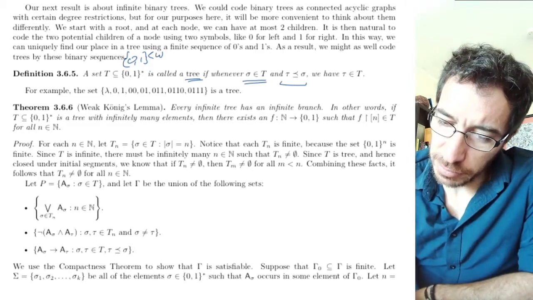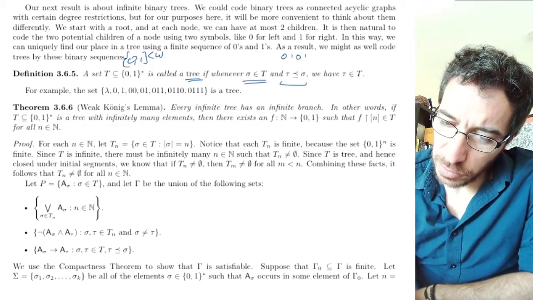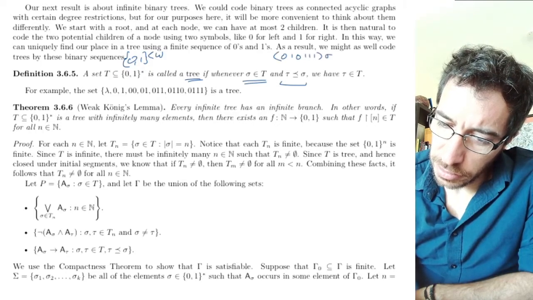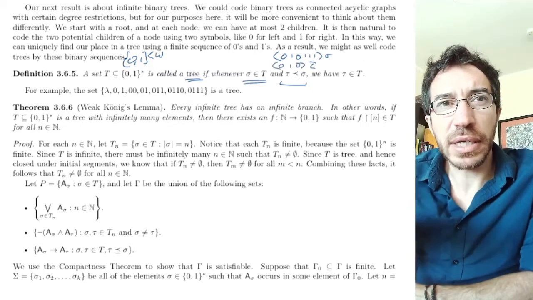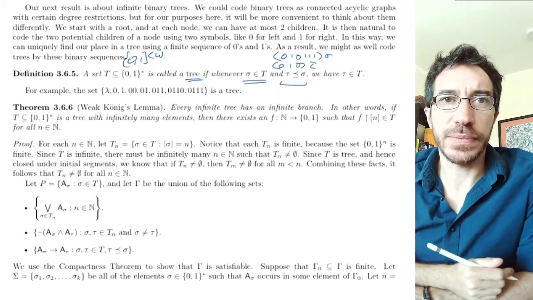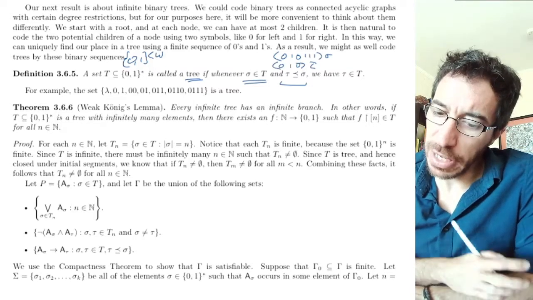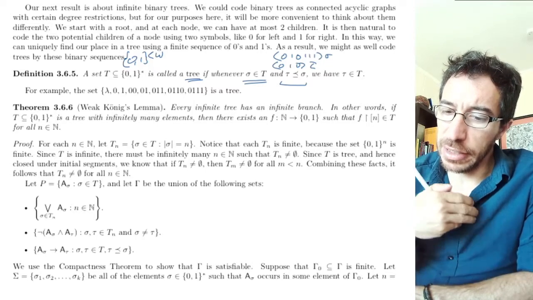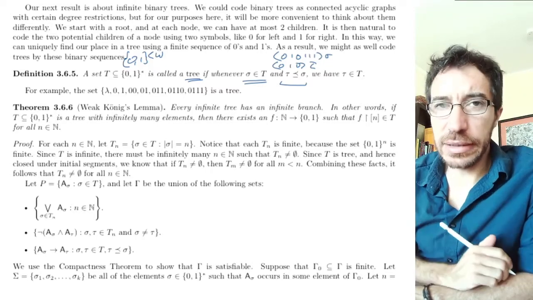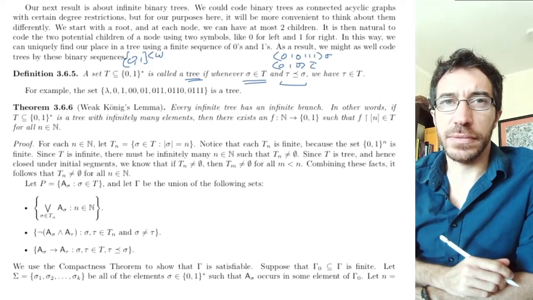For instance, if sigma is 0, 1, 0, 1, 1, 1, tau maybe 0, 1, 0, and it will be a substring. Always think of a particular case to see if you can picture it. And then it says, if you have sigma in T and tau is a substring, then we have tau in T also.